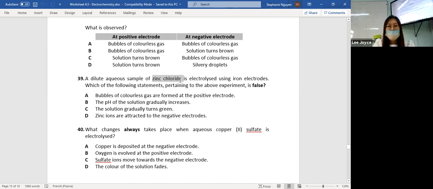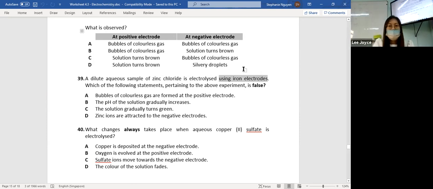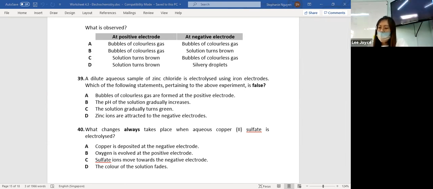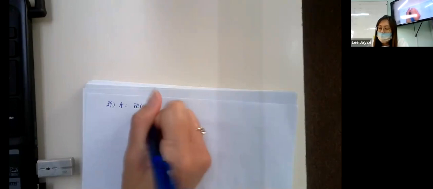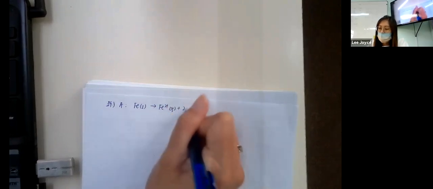The electrolyte is zinc chloride, and the electrodes are the iron electrodes. The iron electrodes are considered to be active electrodes, so you should expect the iron electrode to get oxidized according to this half equation.